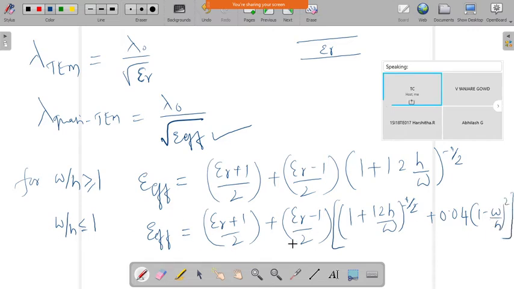So this is the equation for effective dielectric constant for w by h less than or equal to 1.